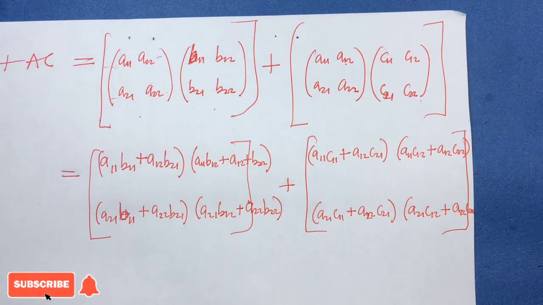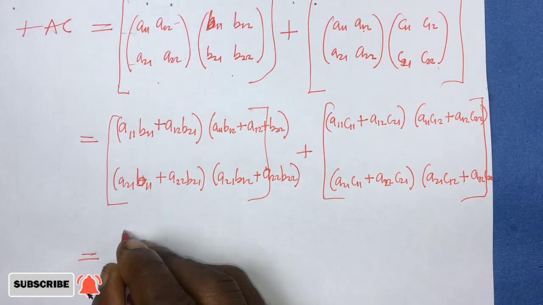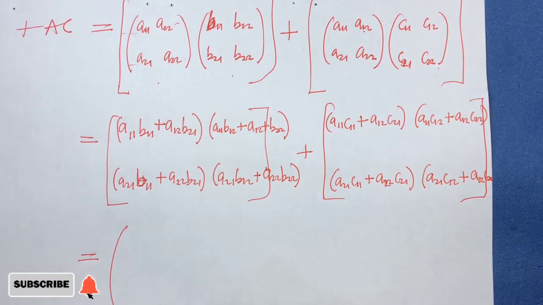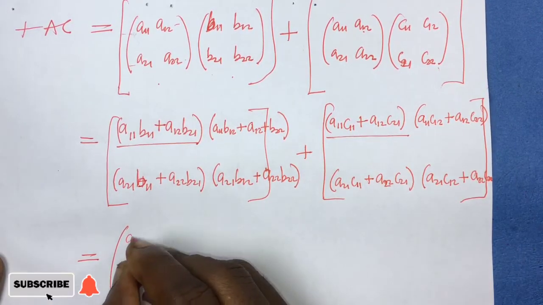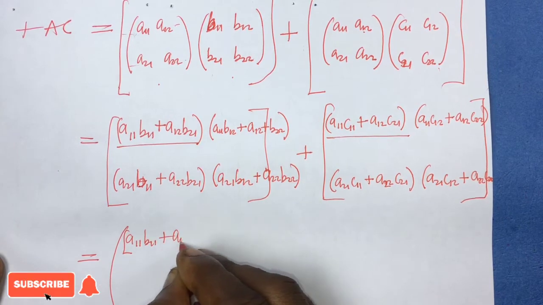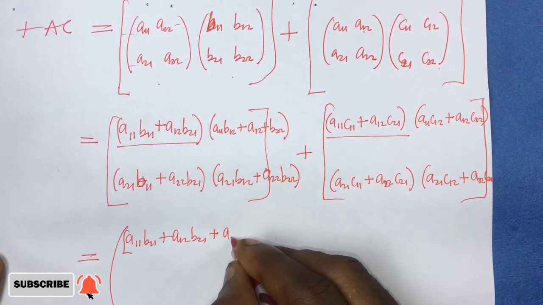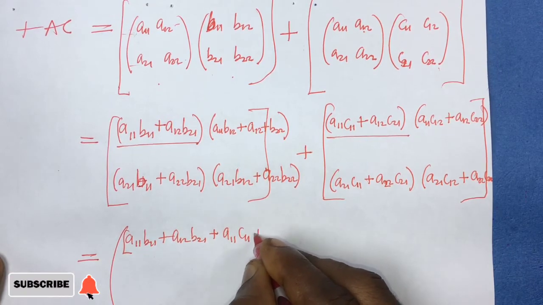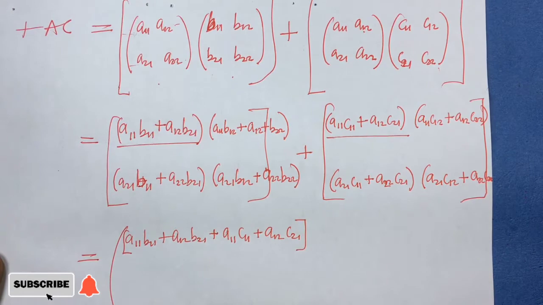Okay? Now, if you bring these results together by adding them in one matrix, remember this will add to this, and that will give you A11 B11 plus A12 B21 plus A11 C11 plus A12 C21. That is what you're going to have here.